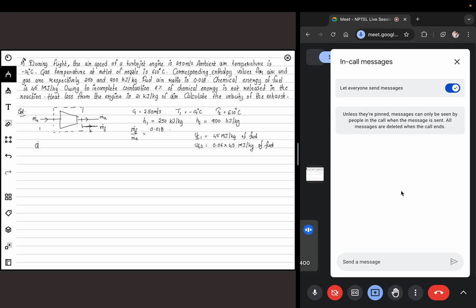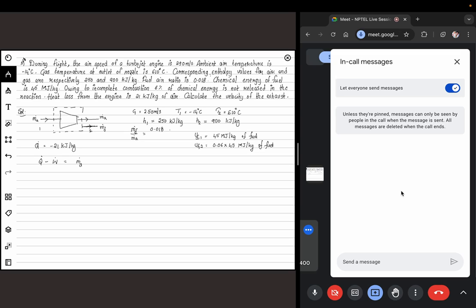And heat loss is given. If we start with our equation, so we have Q dot minus W dot. This M dot, one inlet, first we'll start with outlet.